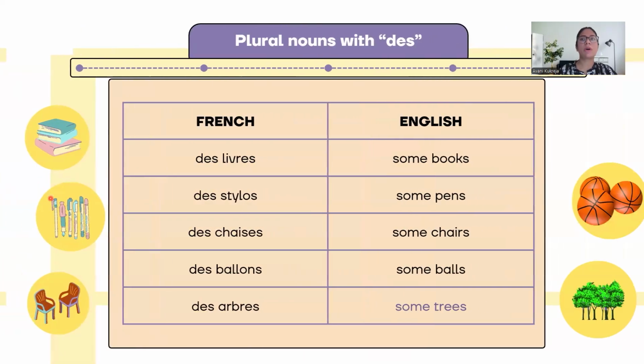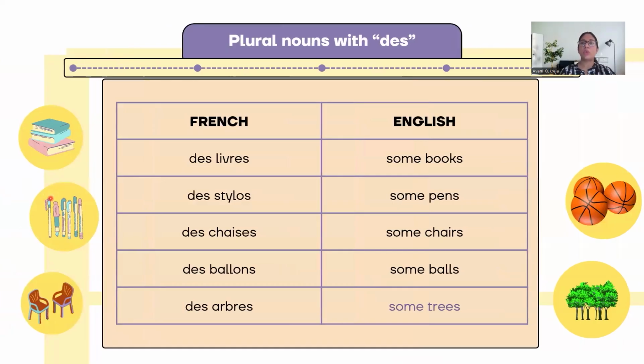Now, when we talk about plural, right? We can make any noun into plural by just, instead of using un or une, we just add des. Des livres. Everyone repeat with me. Des livres. Des stylos. Des chaises. Des ballons.